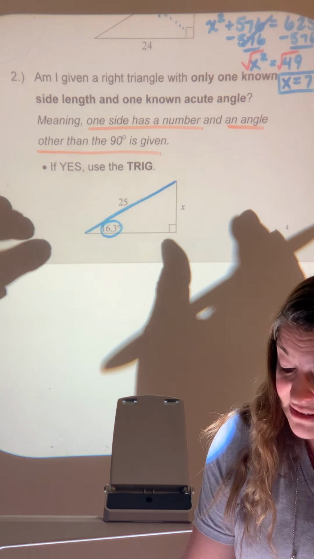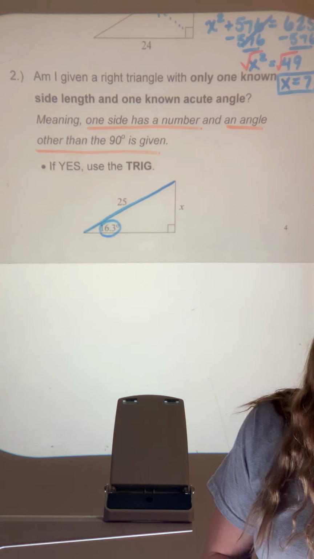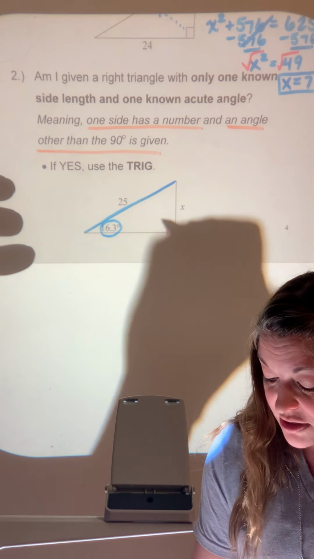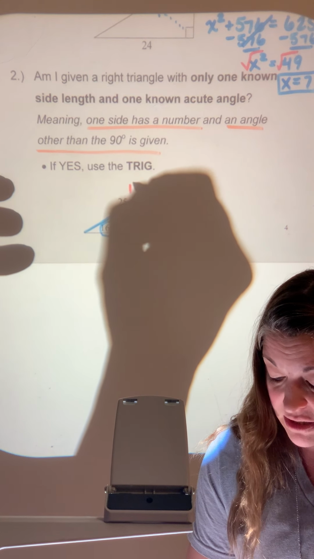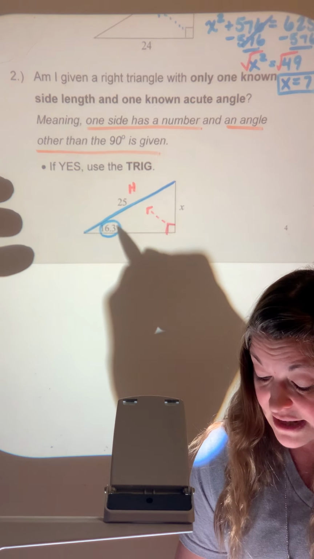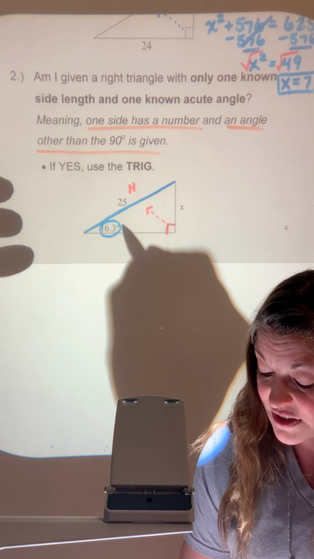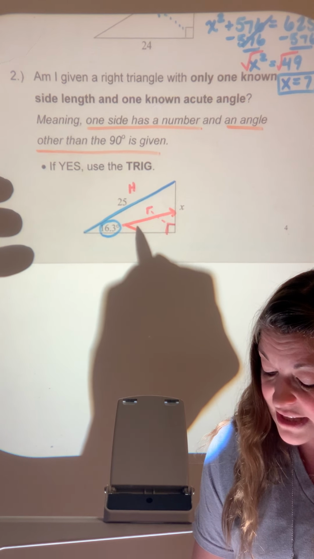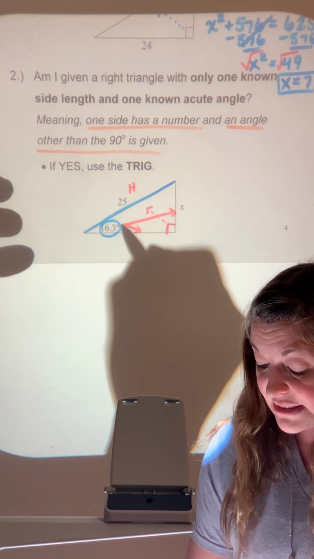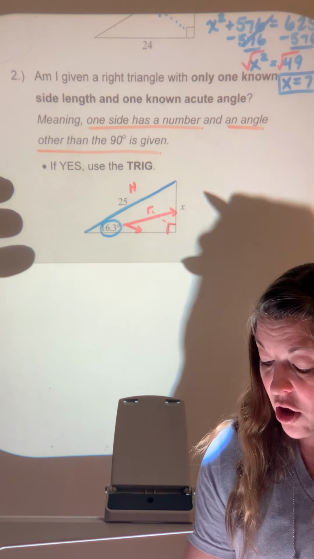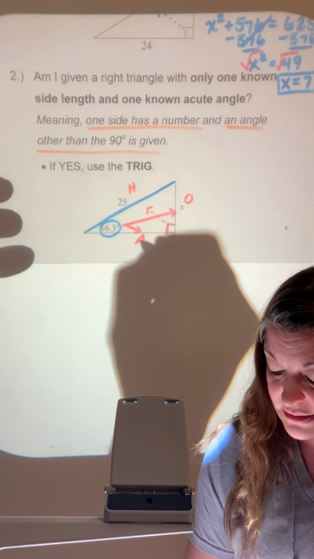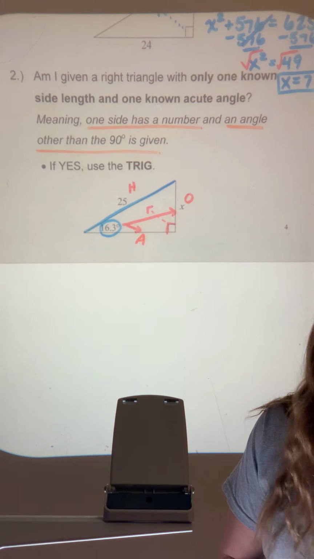To solve this, again, make sure you're labeling all your sides. So across from the 90, that will be your hypotenuse. Then looking at the angle that's given, the other 2 sides of the triangle: since this side here had the longer arrow, that's your opposite. Here's your adjacent.